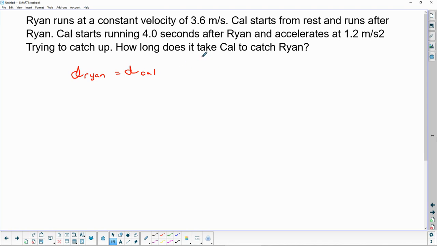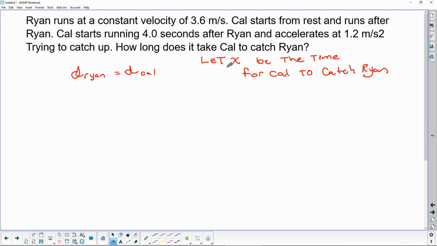We'll say let x be the time for Cal to catch Ryan, because that's what we're trying to find.